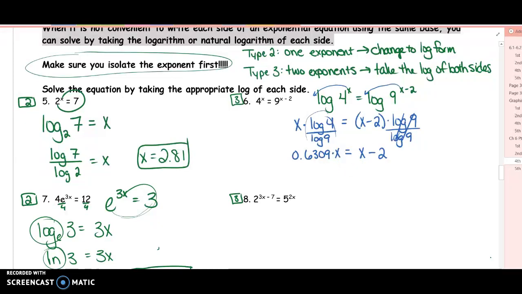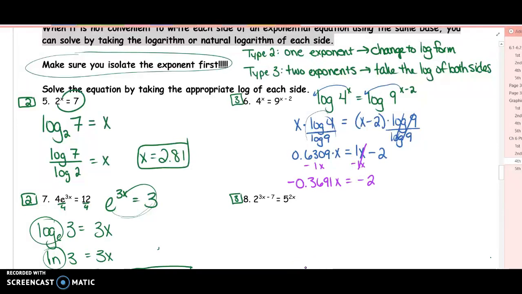To finish solving this equation, this is a 1x. We want to get all the x's to the same side, so we are going to subtract 1x from both sides. Yes, this is a crazy decimal, but it's still something x minus 1x. So we can do 0.6309 minus 1. That gives us negative 0.3691x equals negative 2.